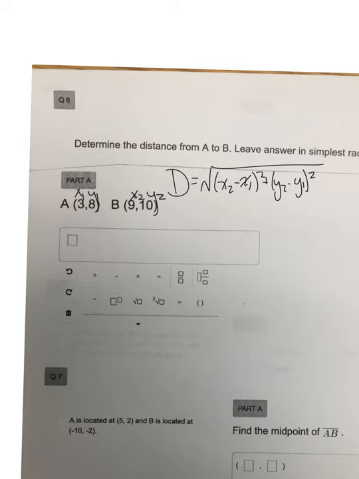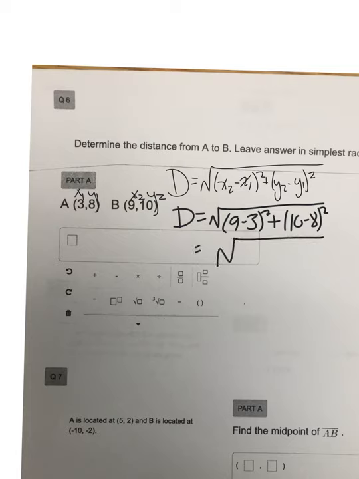Now if I substitute in my values here, x2 is 9, x1 is 3, so 9 minus 3 squared plus y2 is 10, so 10 minus 8 squared. 9 minus 3 is 6, so here I have 6 squared plus 2 squared. 6 squared is 36, and 2 squared is 4, so you have 36 plus 4, which is just 40.